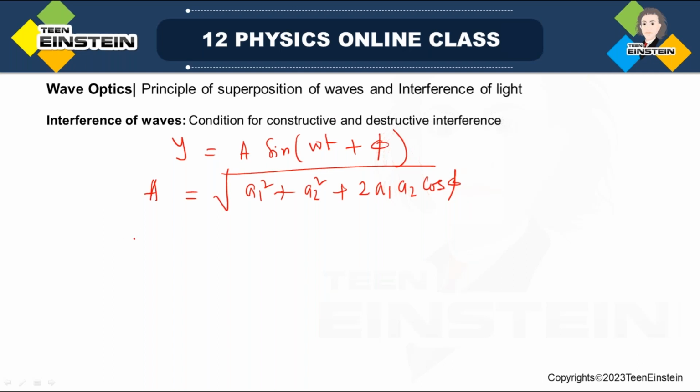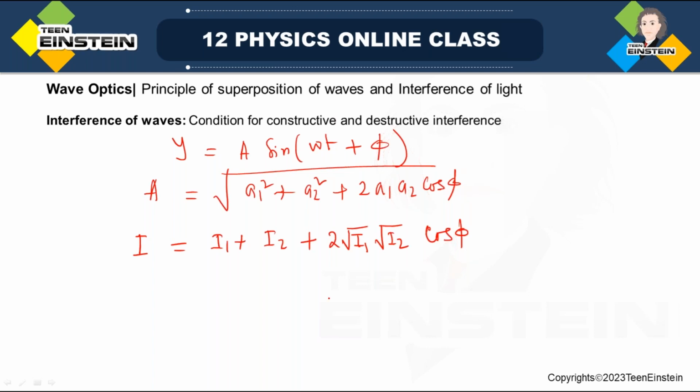Now the resultant intensity we get: I is equal to I1 plus I2 plus root over I1 I2 into cos phi. This can be written like root over I1 into root over I2 also separately.